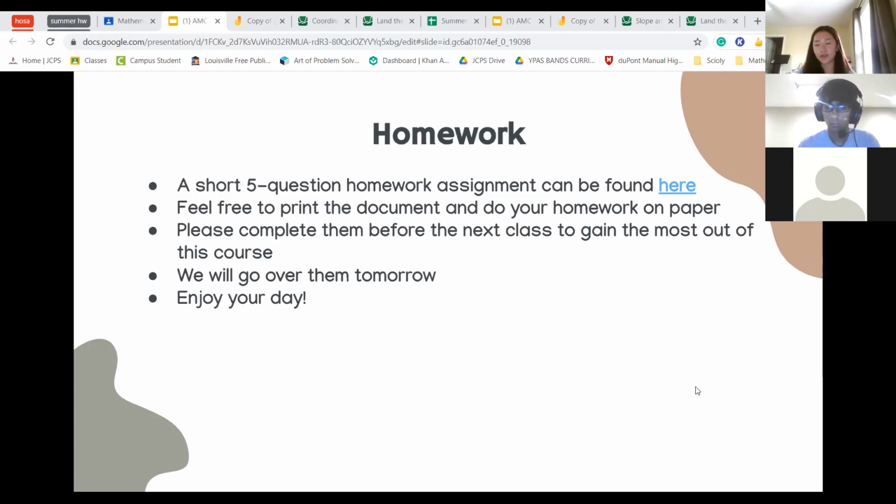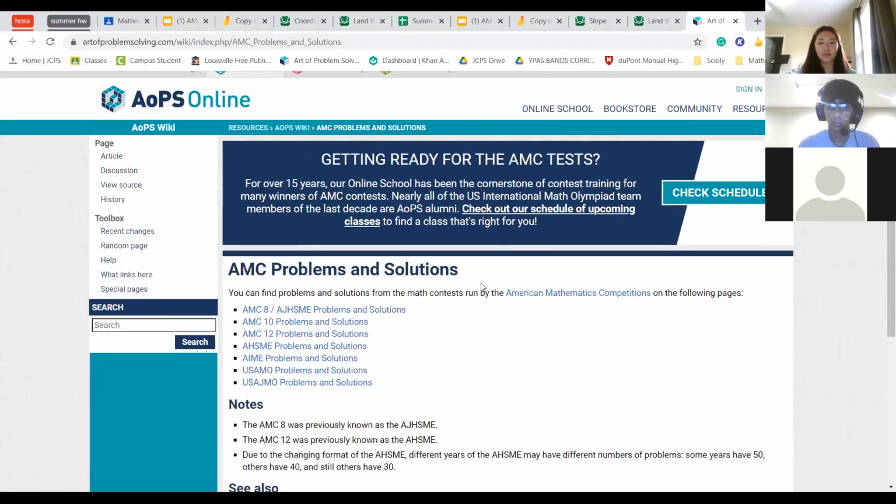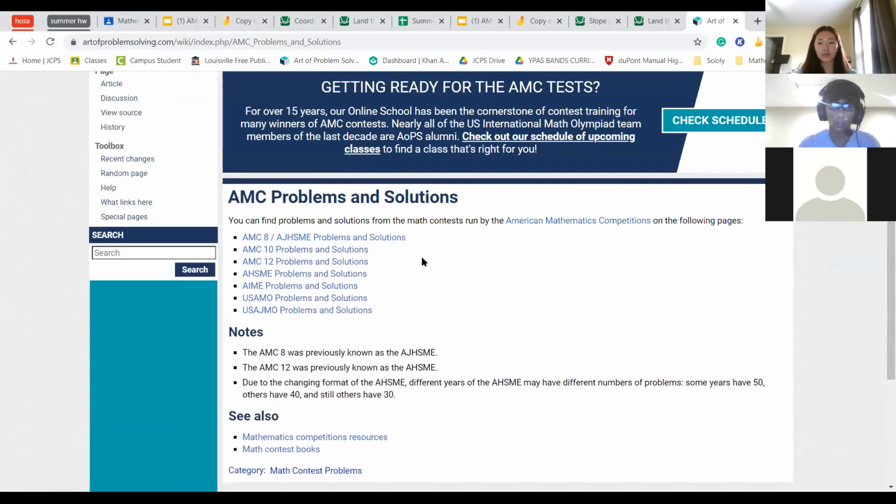How do you see past contest questions? You can just search up a past contest, like an AMC 8 test, and you'll find them. They're always going to be on AOPS in the library or the wiki.